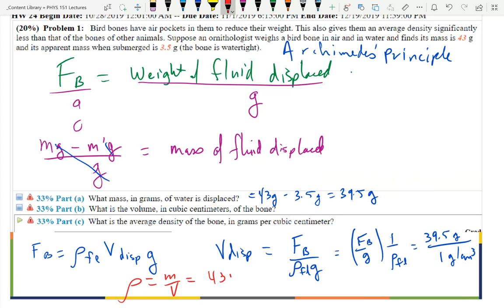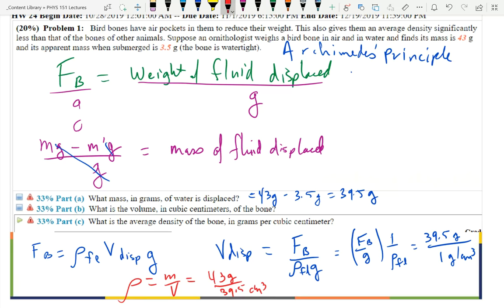The actual mass. Oops, not grams per centimeter. That was centimeters cubed. So I'd have 43 grams divided by 39.5 centimeters cubed, which would give me something a little bigger than 1 gram per cubic centimeter.